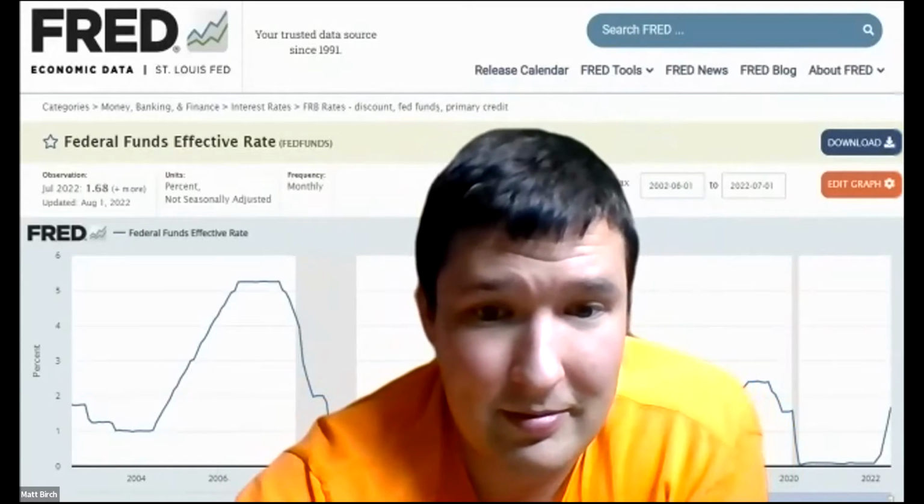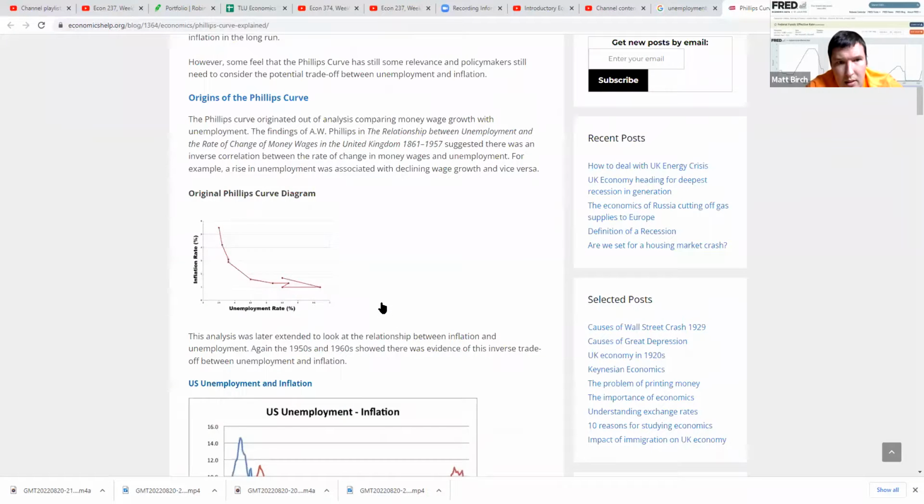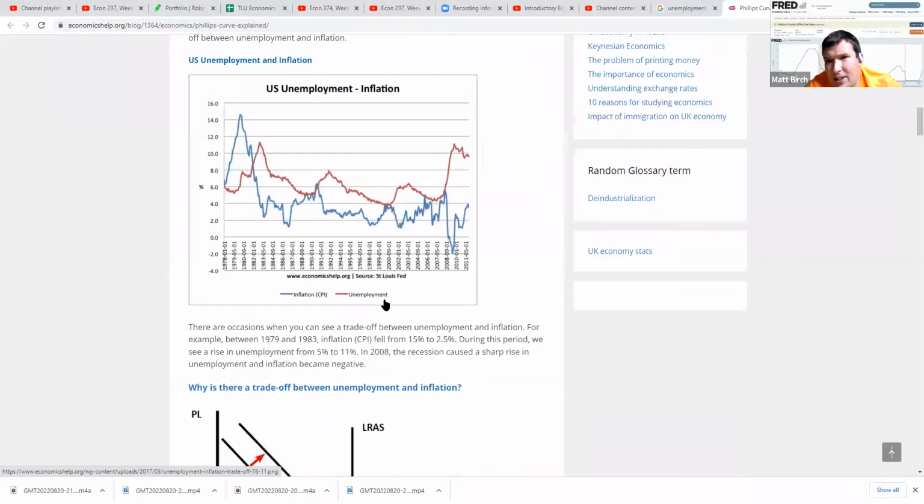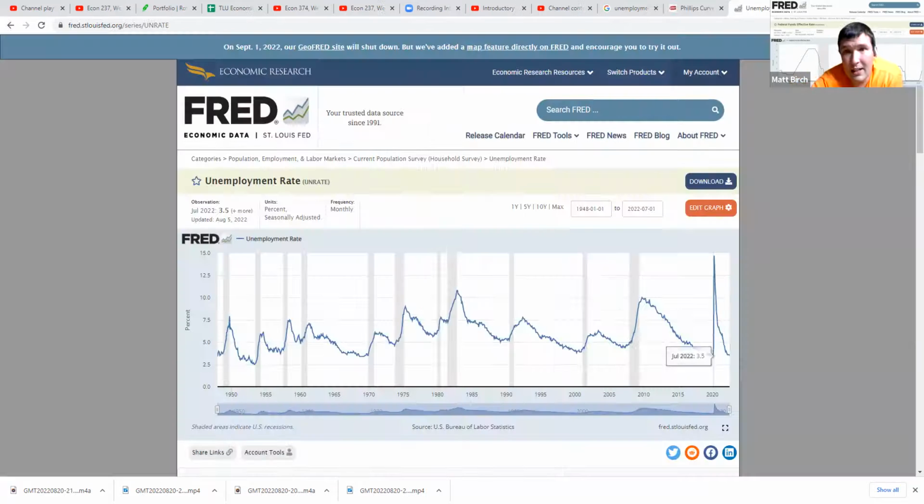Let me show you a cool graph. All right, so check this graph out. Let's go back to that late 70s, early 80s bit where we had all that inflation. It was actually stagflation. There was also high unemployment, which really sucked. So check this out. The unemployment rate was about 8%, while inflation was 14%.